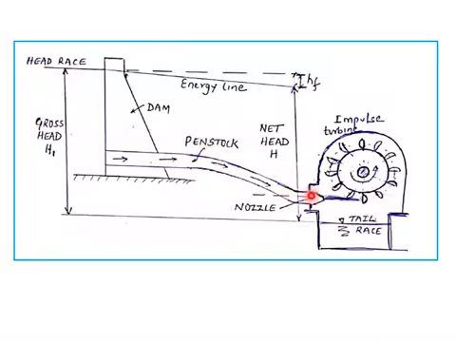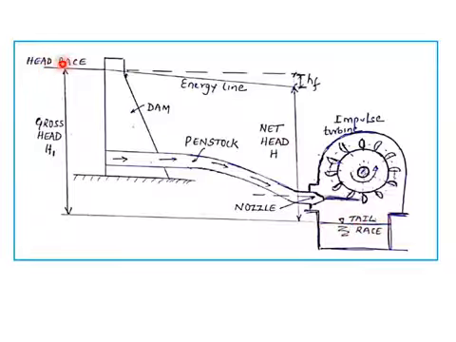Then we have a powerhouse which houses the impulse turbine or any other type of turbine. After water hits, the work is done. Then after flowing through the turbine, it goes to the tail race. The tail race is nothing but an excavated channel which takes water out of the powerhouse to a nearby stream. The water level in the tail race, that is in this channel, is known as the tail race level, or simply called the tail race.